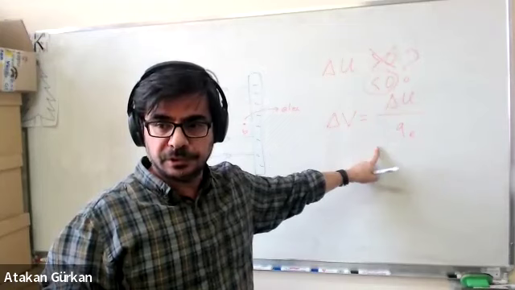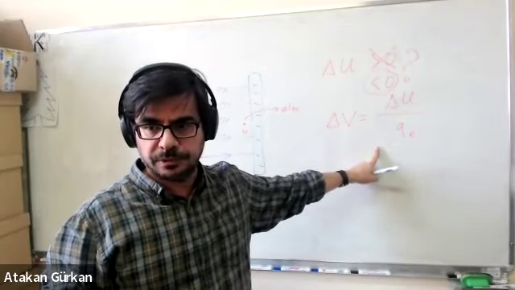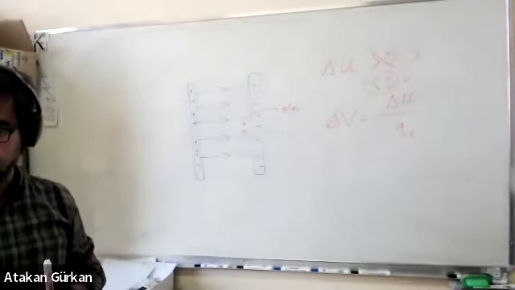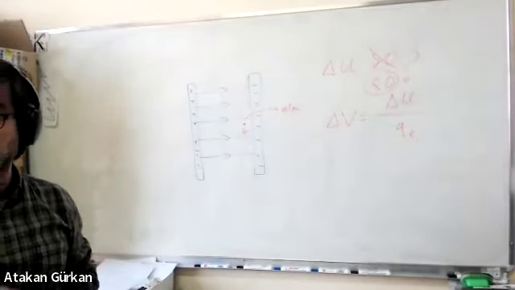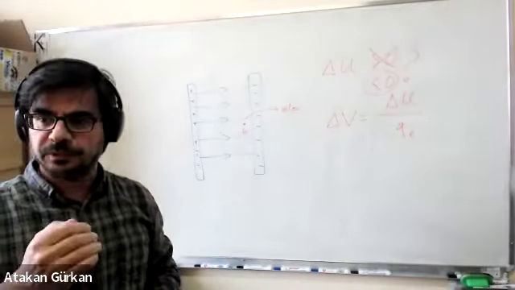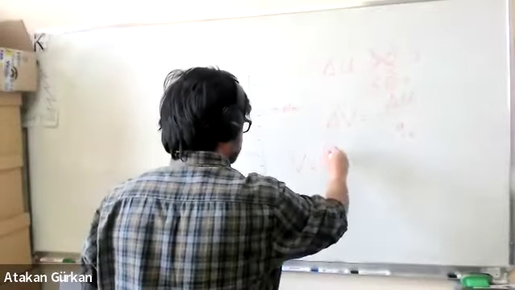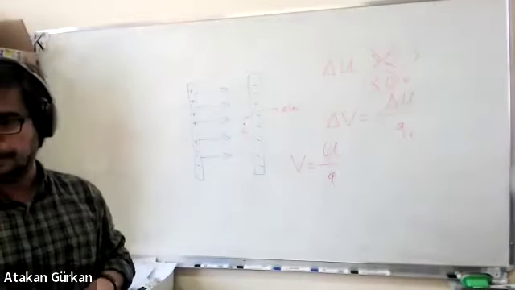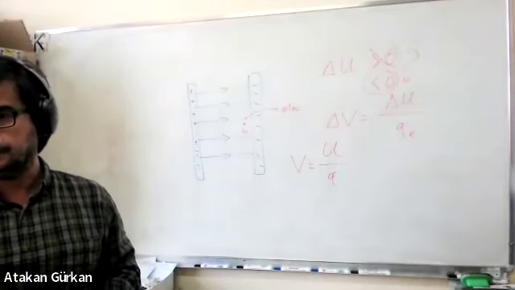The final point I reach is going to have a higher potential than my initial point. I'm going to end up at a lower potential energy, but at a higher potential. Why? Because of this relation: if I'm negatively charged, then a decreasing potential energy corresponds to an increasing potential.